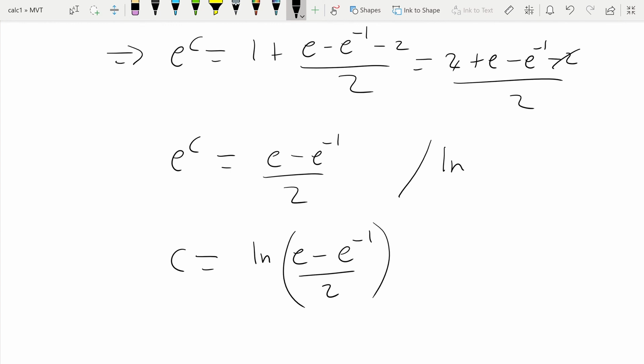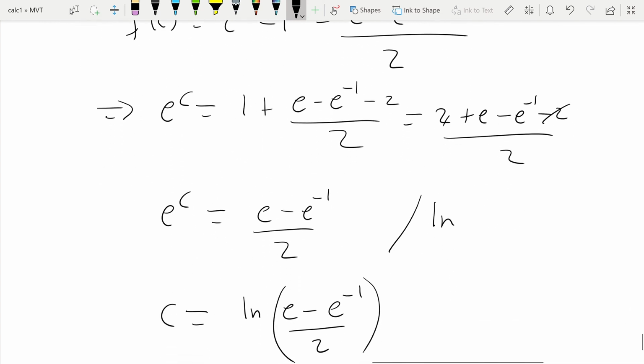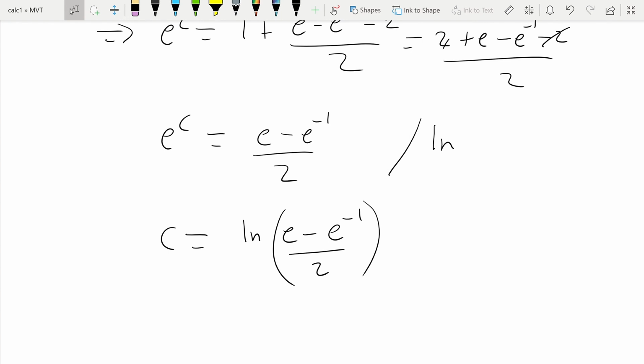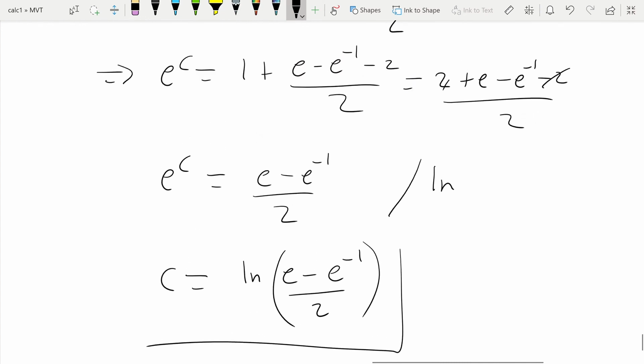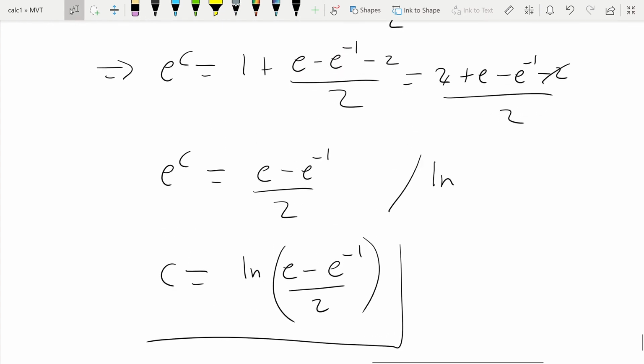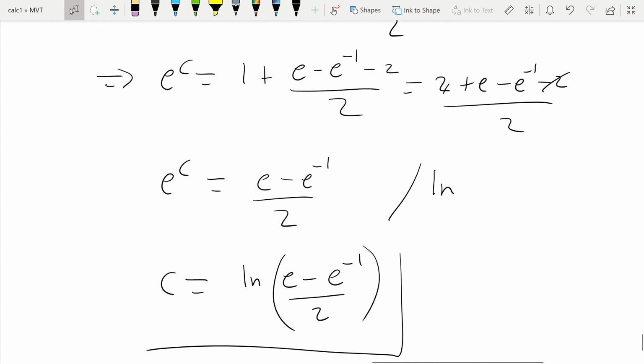And as I said, we can do the same thing we did before, now simply using the endpoints here to see that c cannot be greater than 1 and cannot be smaller than minus 1. But since it's the only candidate that we obtain, it has to be the number predicted by the mean value theorem. So that concludes this section, the review of this section.